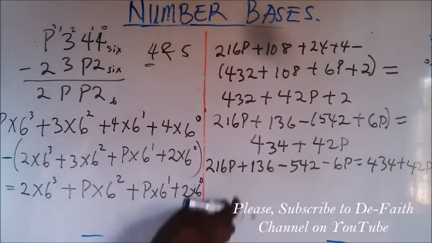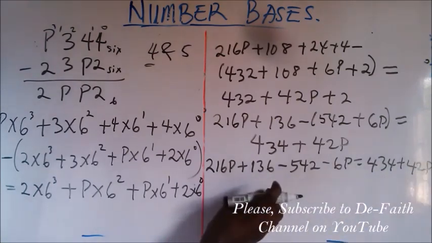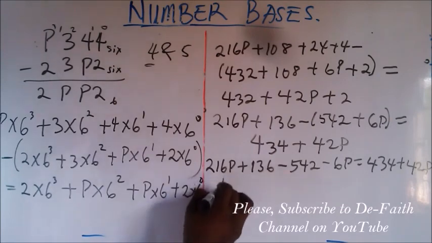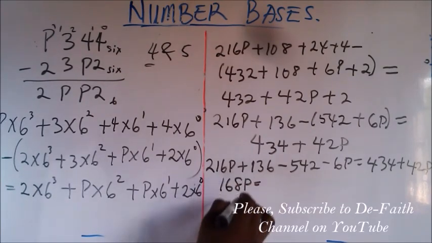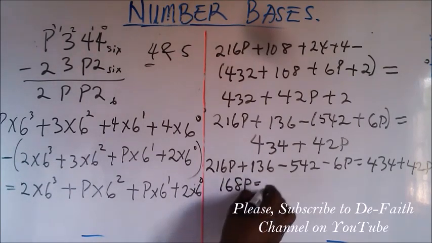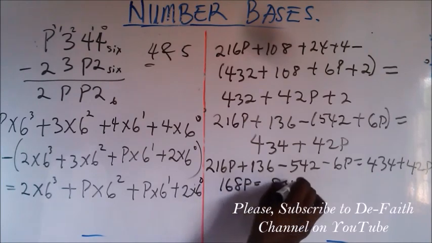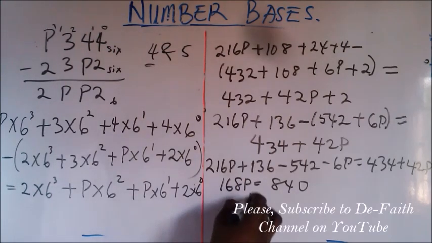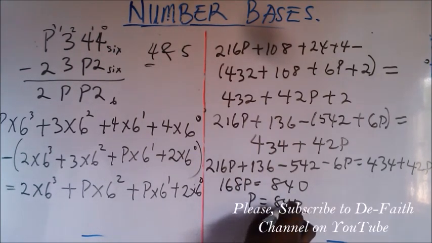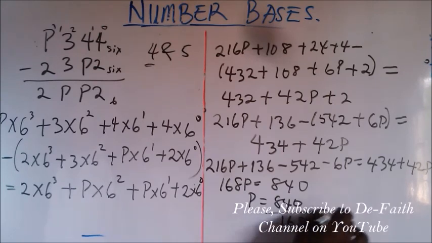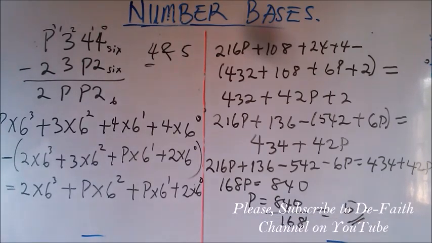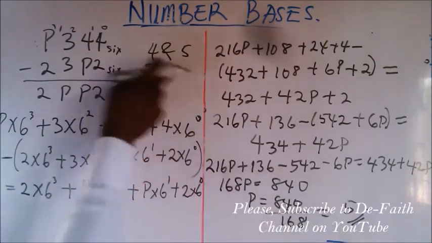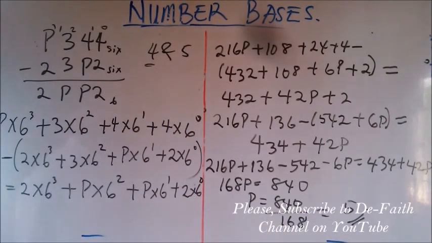So collect like terms, that is, bring this here and bring this over to that side. So when we do that, we'll have 168P equal to 840. So P equals 840 divided by 168, and that would leave us with 5. So just as we've said, the best answer is 5. So 5 is the value of P.